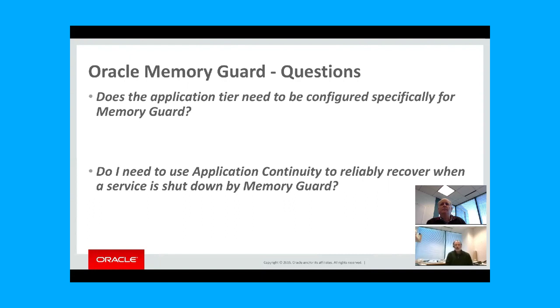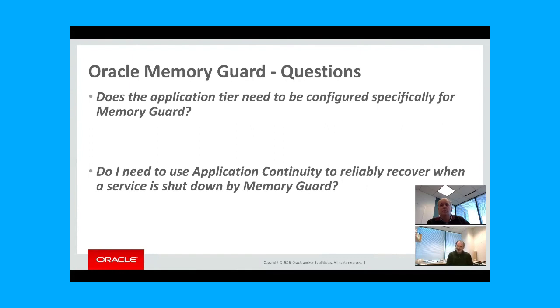That's really a choice for the application and DBAs and the application management people. There's no need for AC with memory guard, and there's no real downside to having them both in place. If you want application continuity for the failure features that it provides coverage for, fantastic, just enable it.